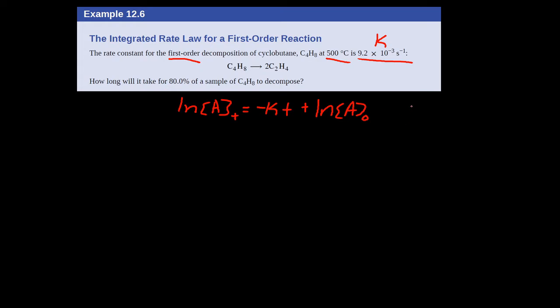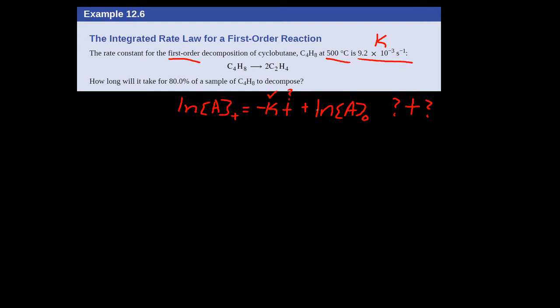So it is asking us to find t. How long will it take? Now, it doesn't seem at first that it gives us everything we would need, because we're given k and we're trying to find t, but we don't know the concentrations. And the truth is, we don't need to know the concentrations because we know the relative concentrations.